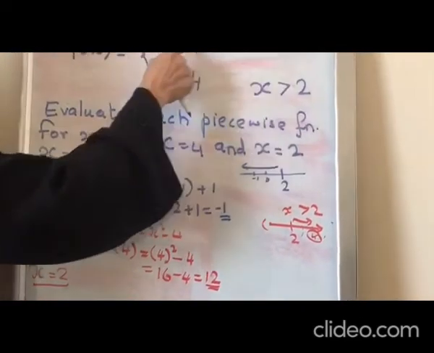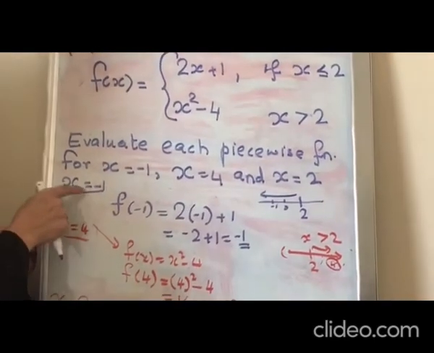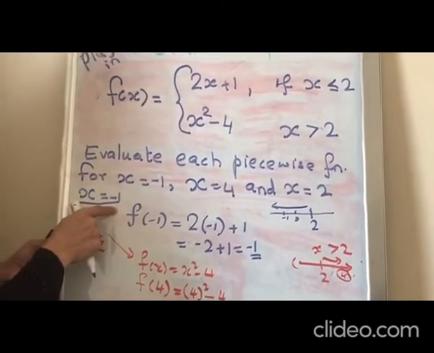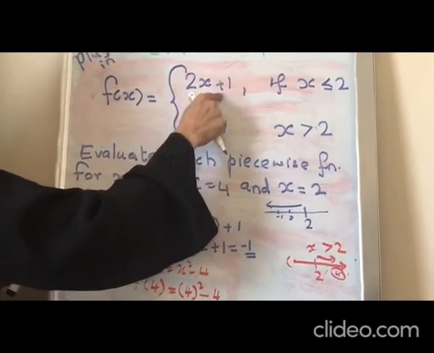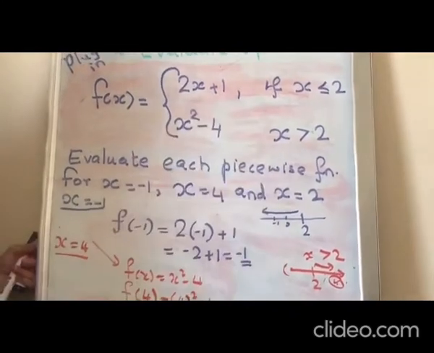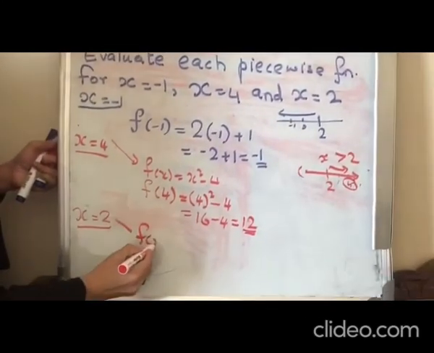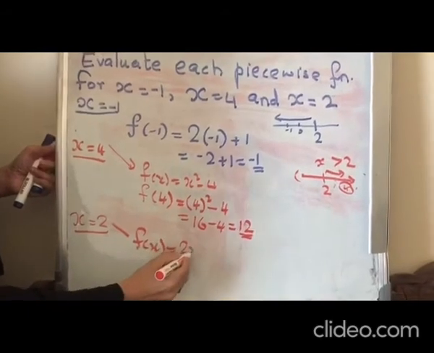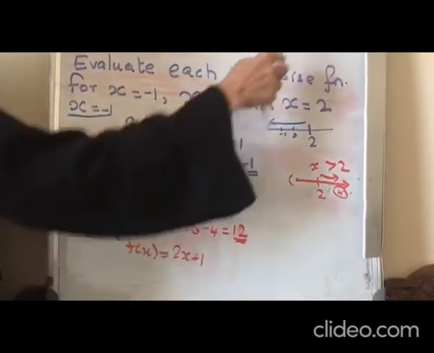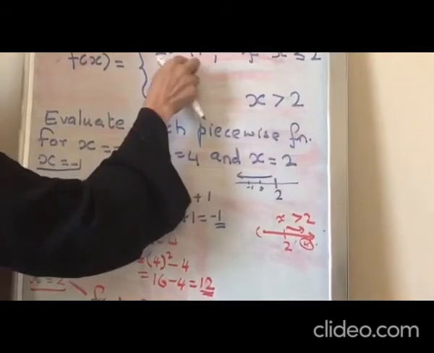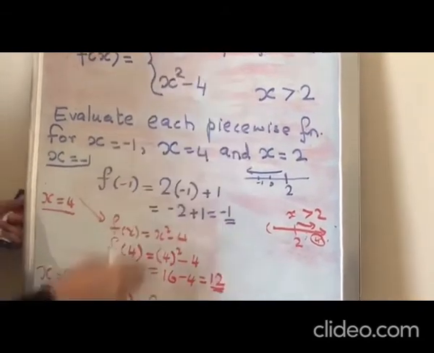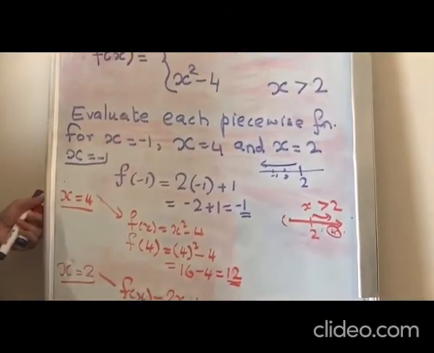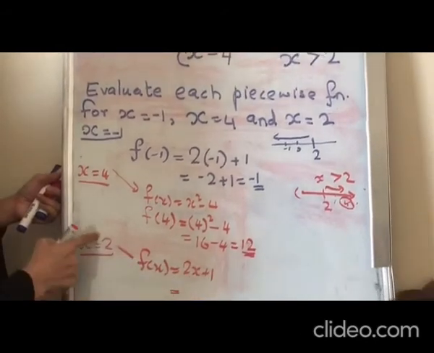So the rule is again like how I chose for x equal to -1. Here I need to choose the same. 2x plus 1 is the rule. So at x equal to 2, f of x is 2x plus 1. I repeat, because it's equal to 2, it should be here. The rule should be this. 2x plus 1. I'm going to evaluate at x equal to 2.